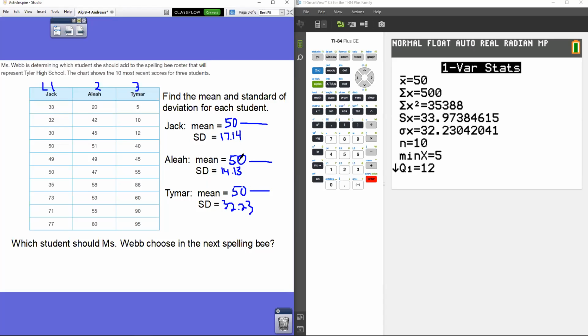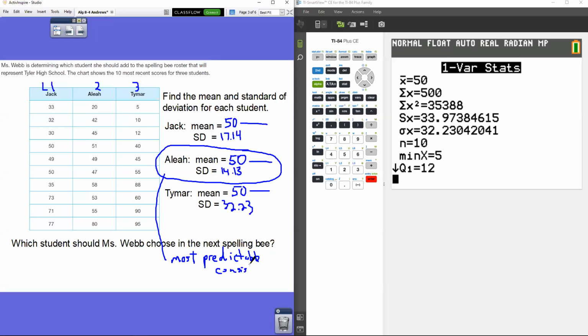If you wanted somebody that was more consistent, more predictable data, then you would want to choose Aaliyah, because her standard deviation compared to the other two is the lowest. So Aaliyah's would be the most predictable score. She's going to be the most consistent score, most reliable data.